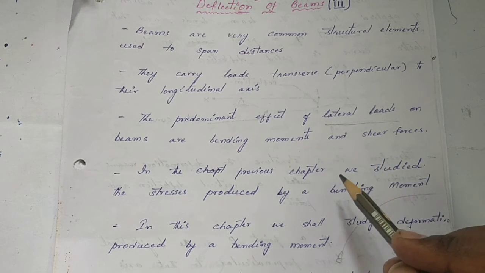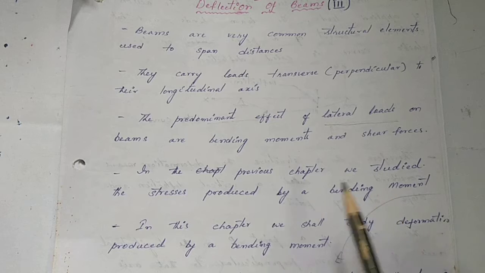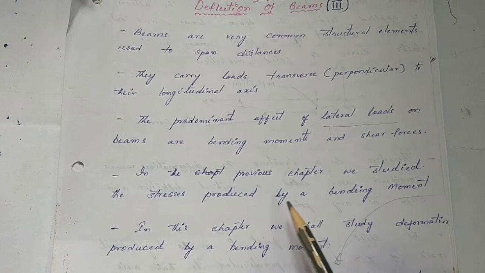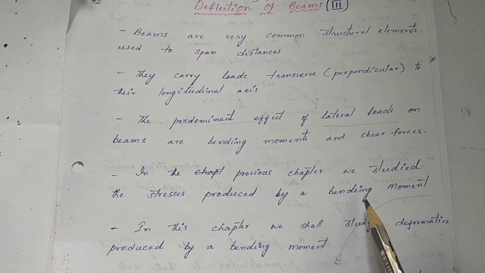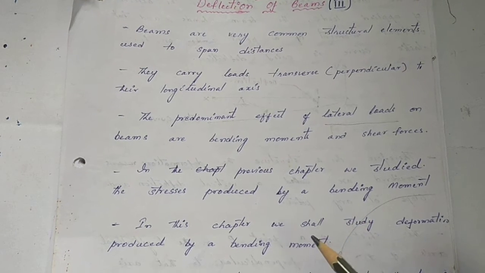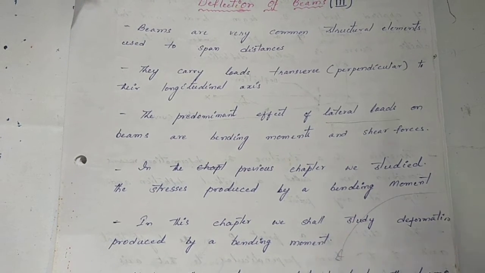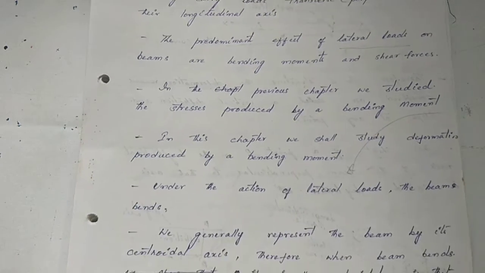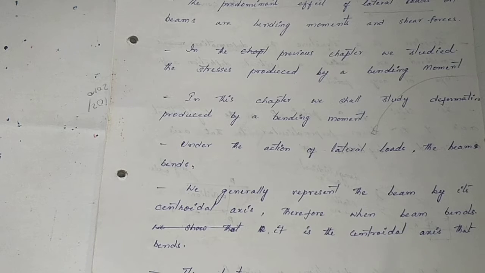In the previous chapter, we studied the stresses produced by the bending moment, that means bending stresses and shear stresses. In this chapter, we shall study the deformation produced by the bending moment, which is known as deflection.